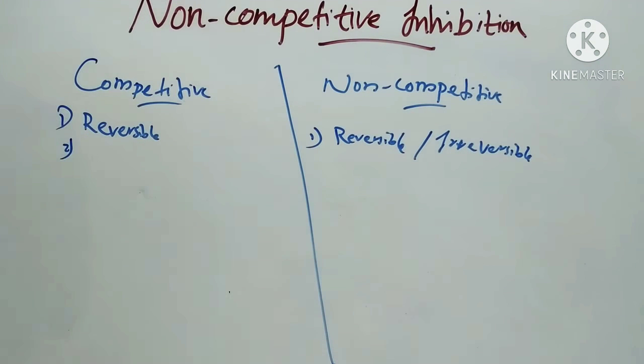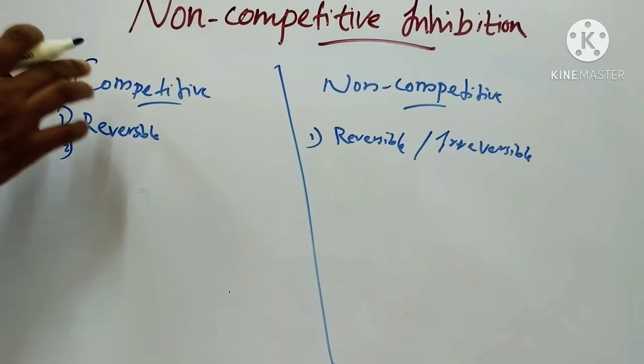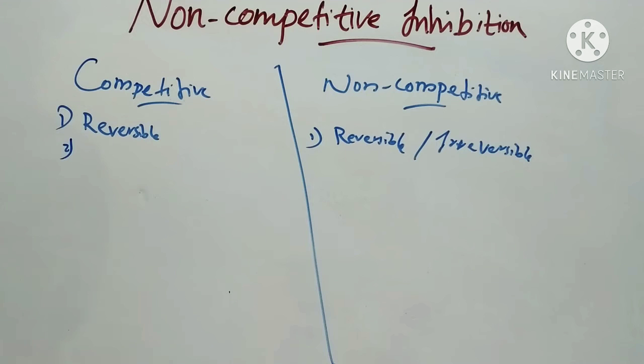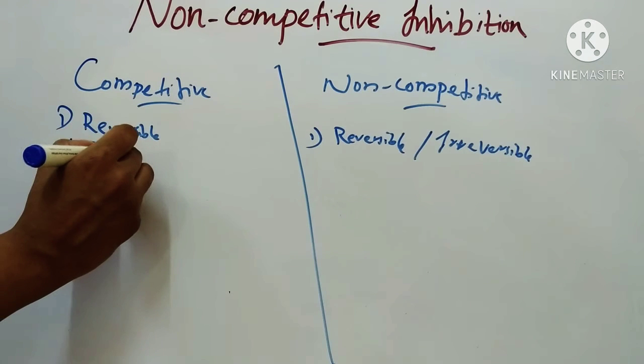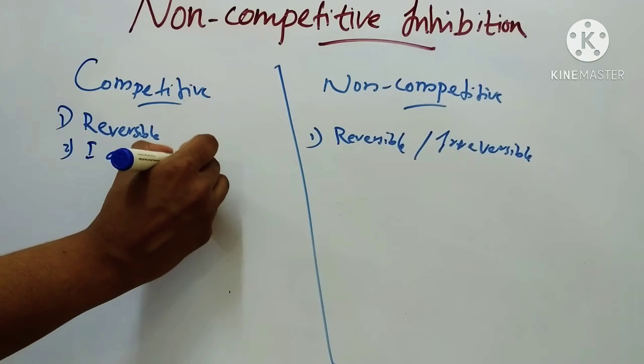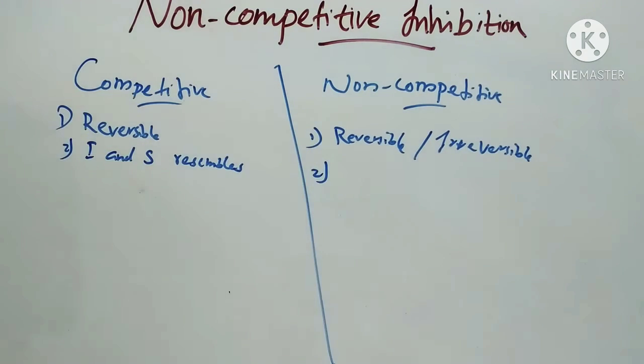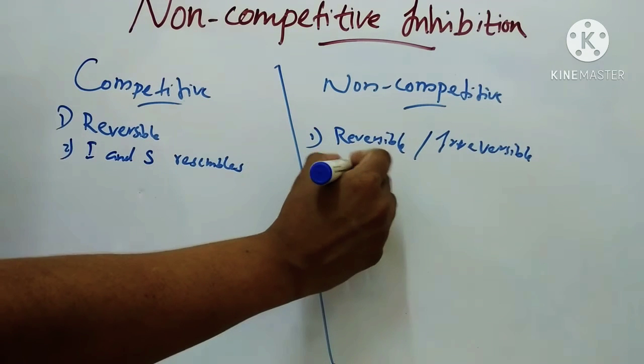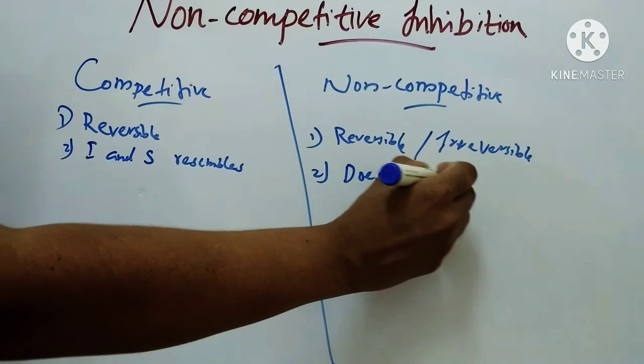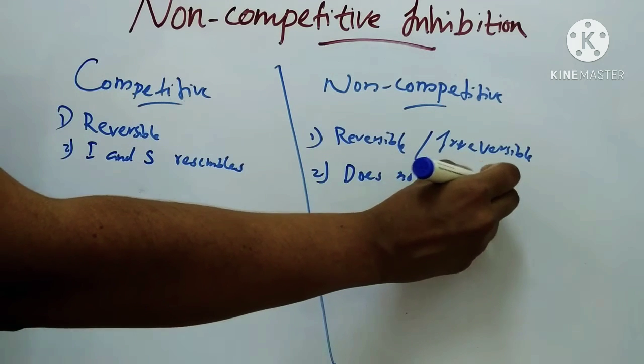The second difference is the inhibitor. In competitive inhibition, the inhibitor and substrate resemble each other in structure. In non-competitive inhibition, the inhibitor and substrate do not resemble each other.